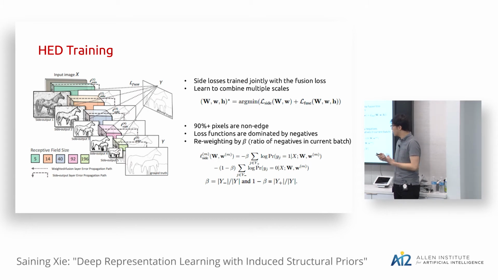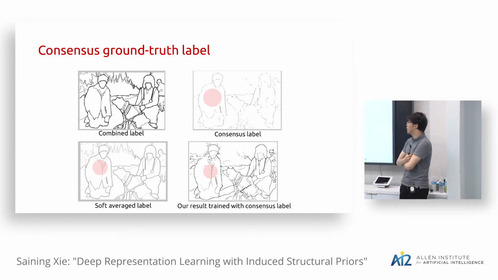But the good thing is we don't really need it. What we proposed is to use something called a consensus ground truth label. Because the edge maps are labeled by multiple subjects, we only treat a single point as a positive edge point if more than 3 subjects label it as positive.